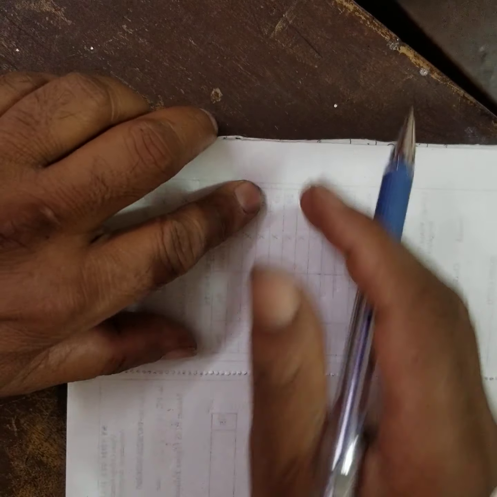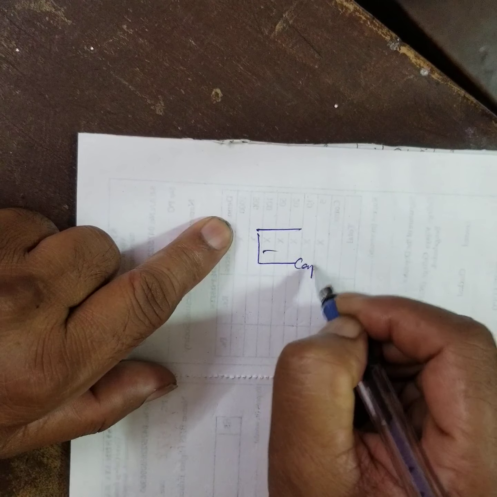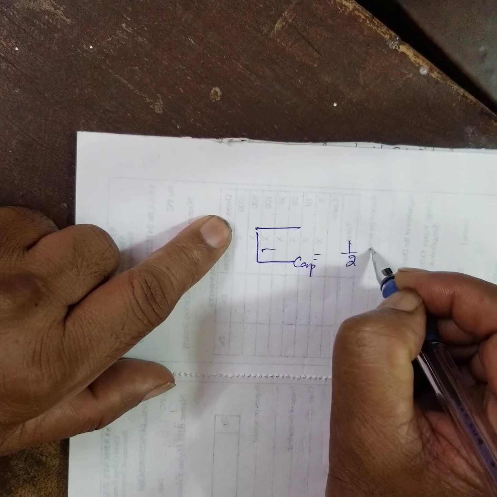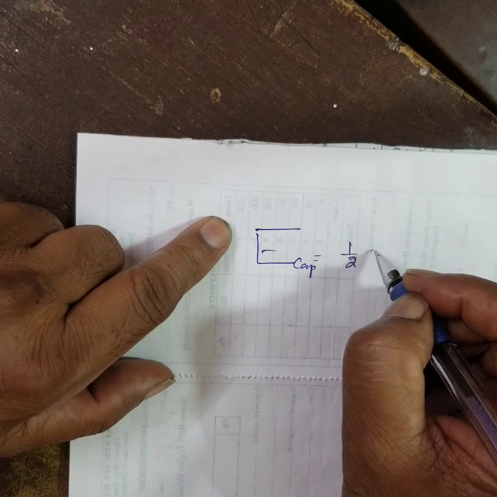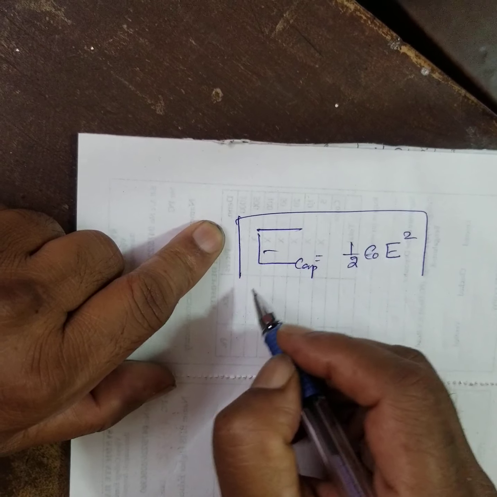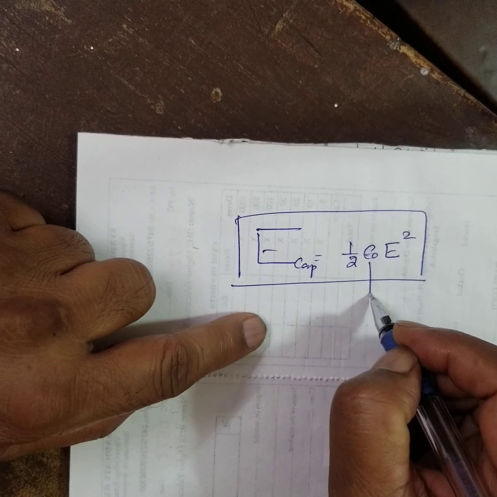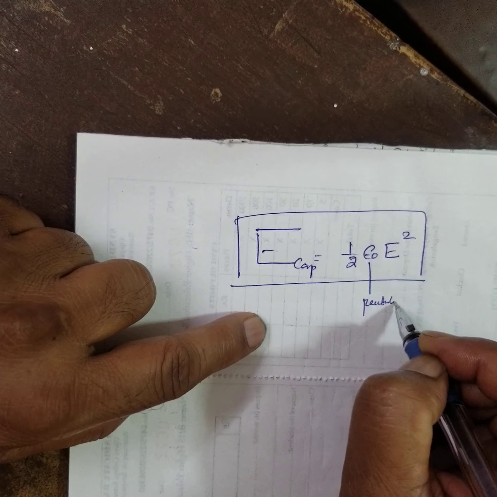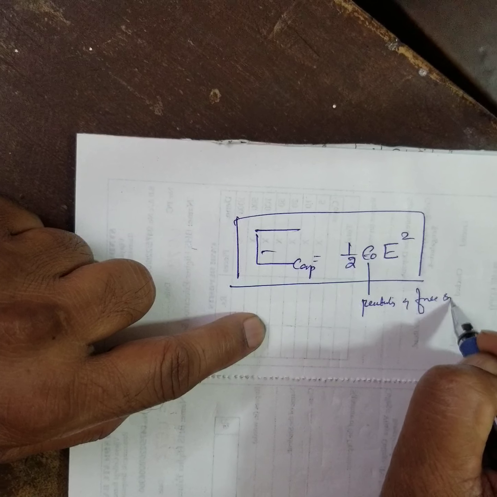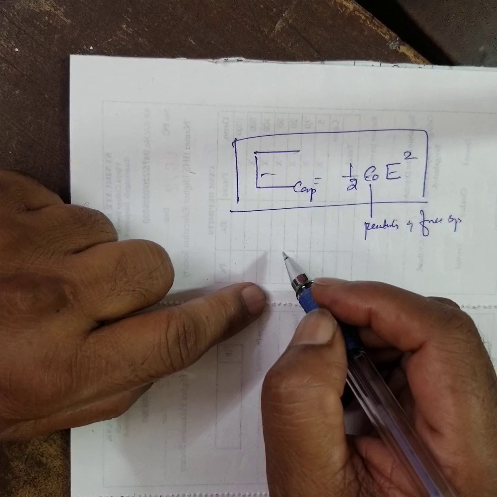Now, what is the energy stored? Energy stored in the capacitor is equal to half epsilon naught E square, where epsilon naught is the permittivity of free space.